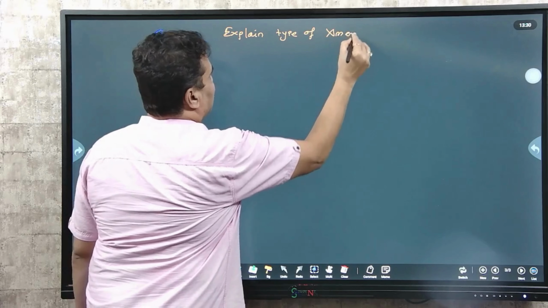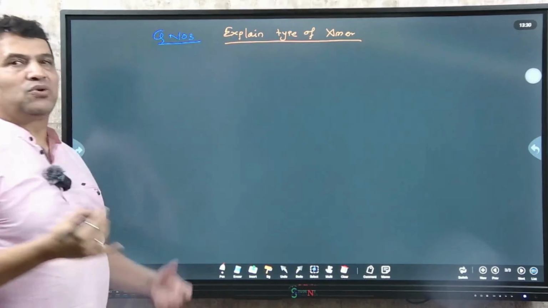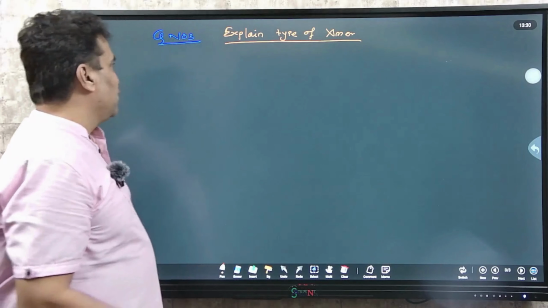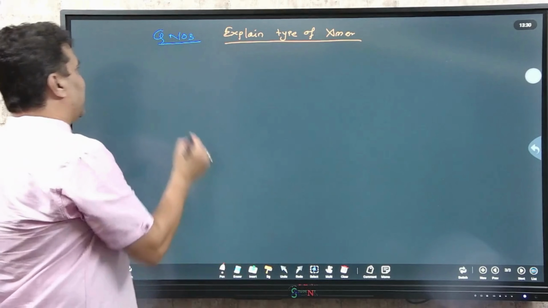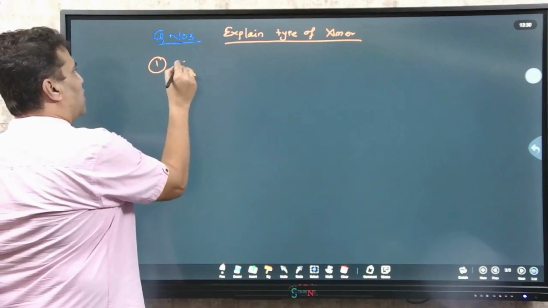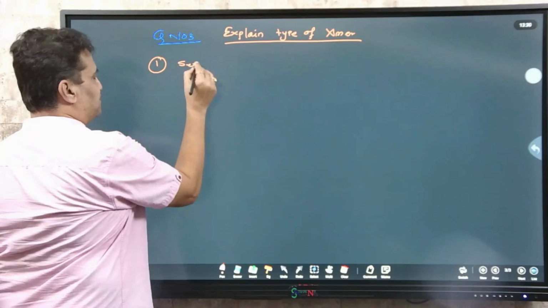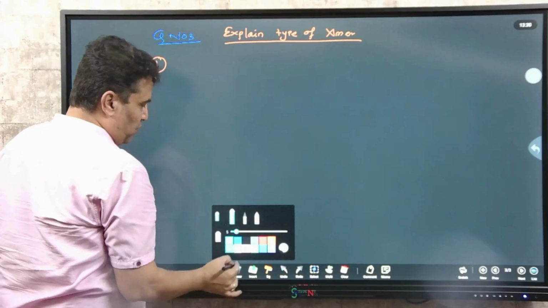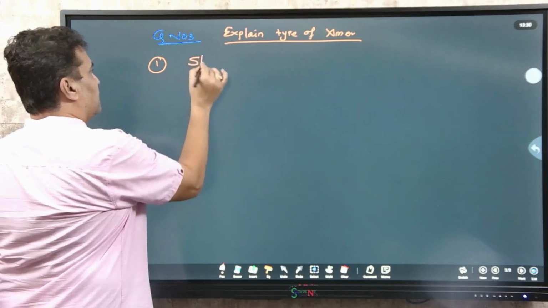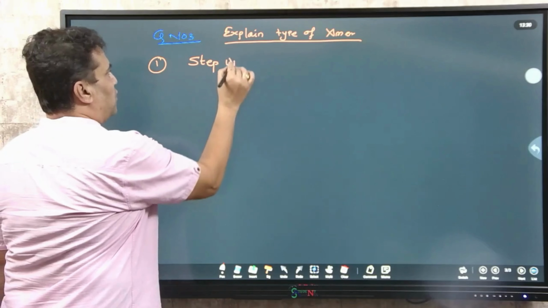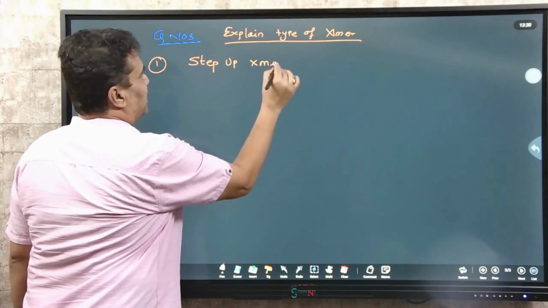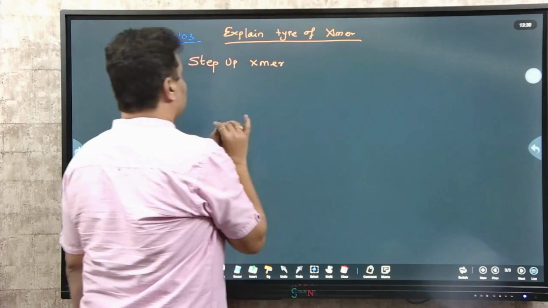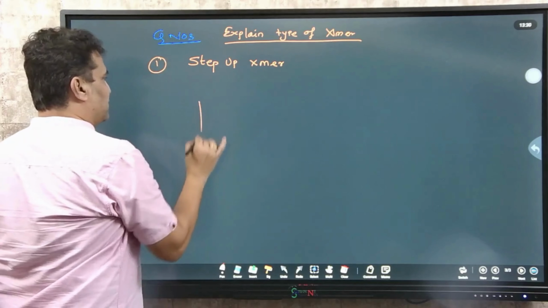There are many types of transformer depending upon turns ratio, depending upon their uses, but if you consider turns ratio, then the first type of transformer is called a step-up transformer. What is the meaning of step-up transformer?